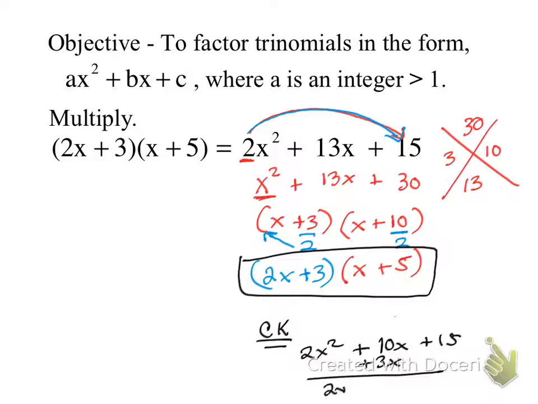So we have 2x squared plus 13x plus 15. Does that make sense? Questions? Okay, can I move on?